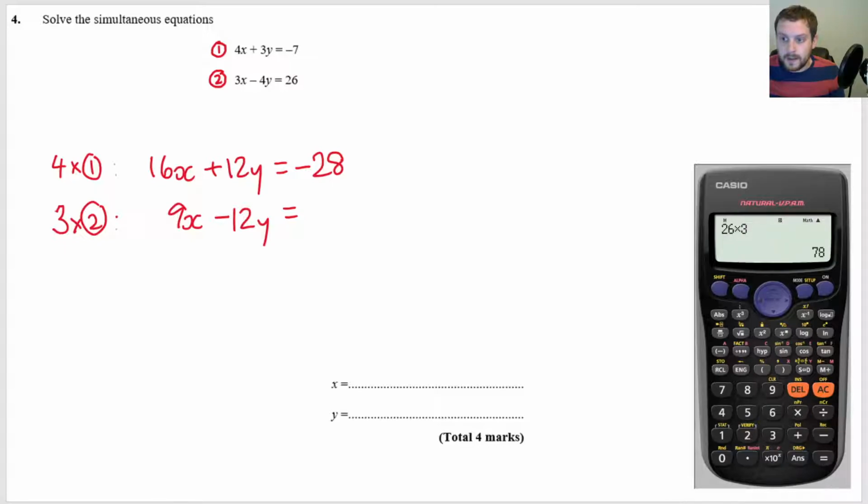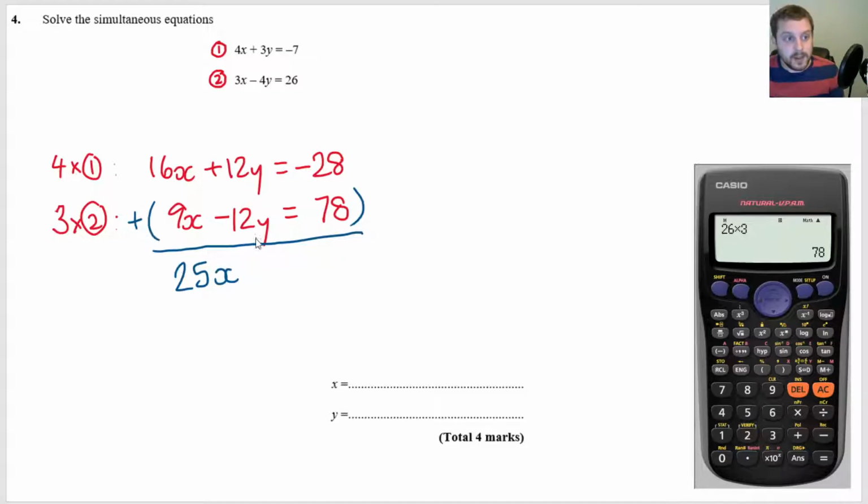Because this one's a plus and this one's a minus, you then want to add both of these together. So 16x add 9x is 25x.